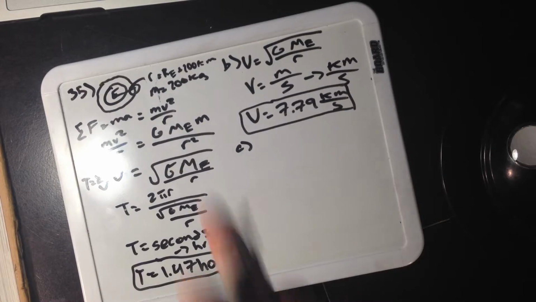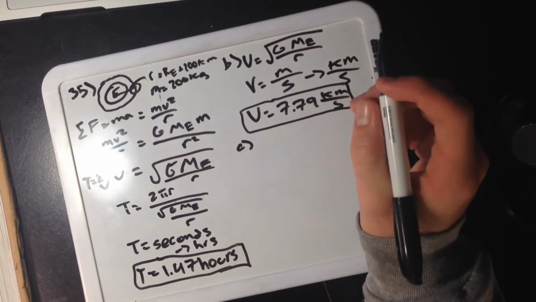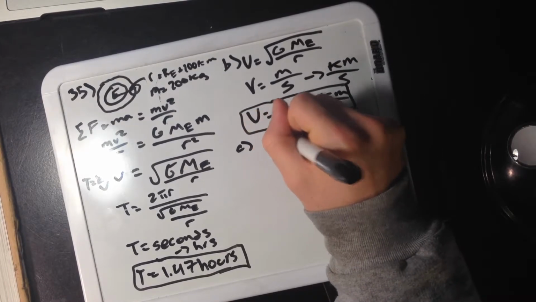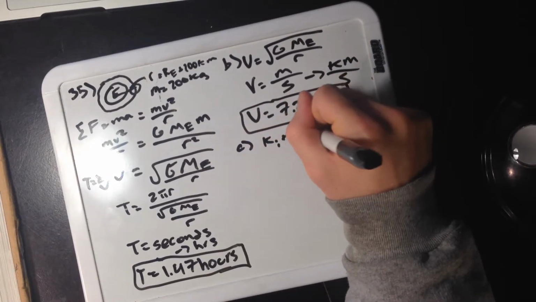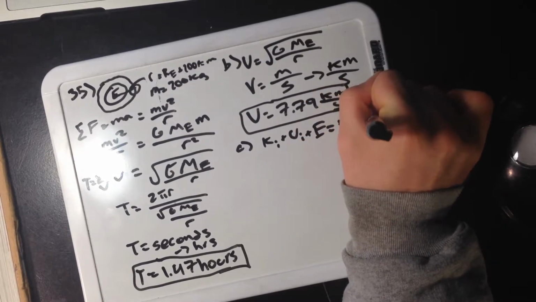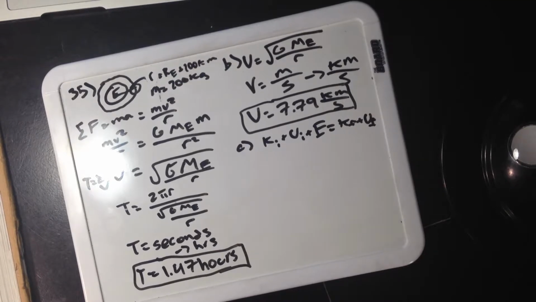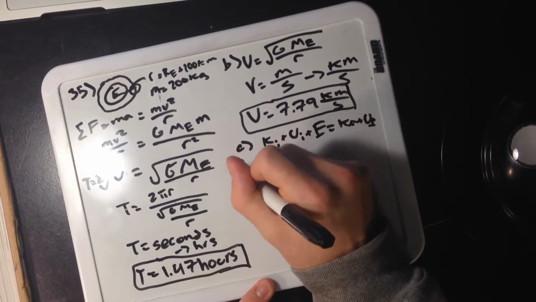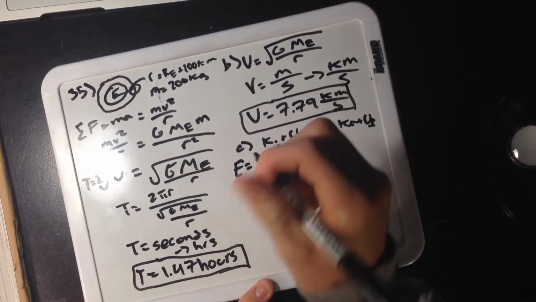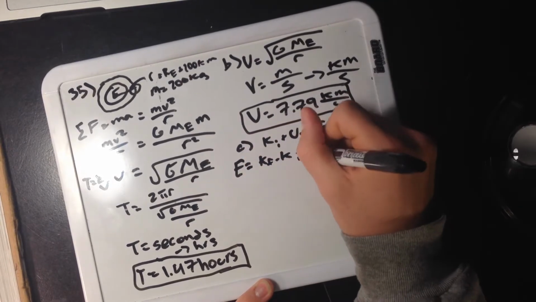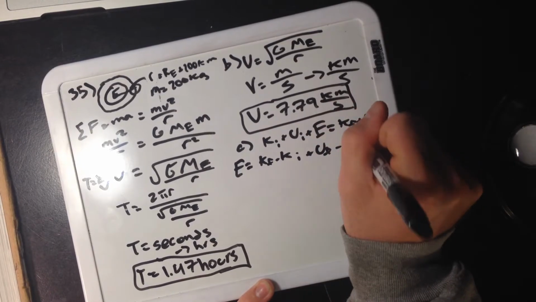So, you can do this multiple ways, but I did it through conservation of energy. So Ki plus Ui plus some amount of energy equals Kf plus Uf. So this is going to get a little messy. So then rearranging, you get E equals Kf minus Ki plus Uf minus Ui.